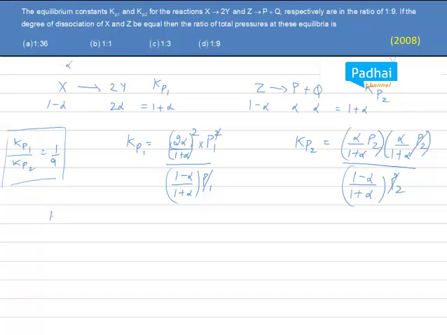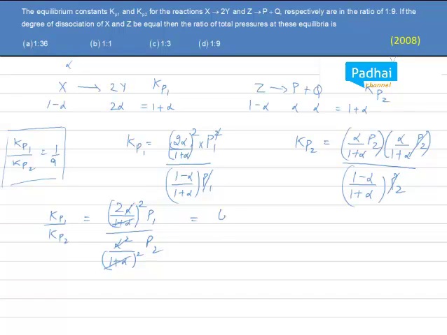So Kp1 by Kp2 will be given by 2 alpha divided by 1 plus alpha whole square into P1, divided by alpha square divided by 1 plus alpha whole square into P2, right? So I can cancel out this thing also, and alpha also, right?